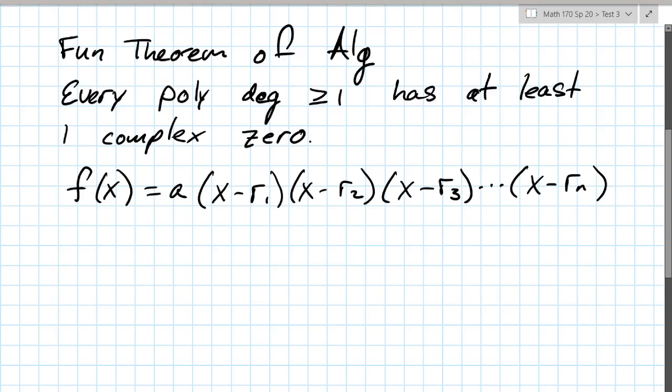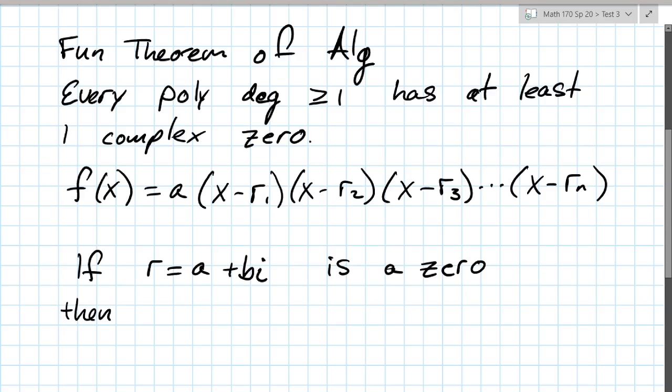So if we start off with a polynomial function with real coefficients, and if r equals a plus bi is a 0, then a new r, we're going to call it r bar, a minus bi, is also a 0. And this a plus bi and a minus bi are called conjugate pairs or complex conjugates.